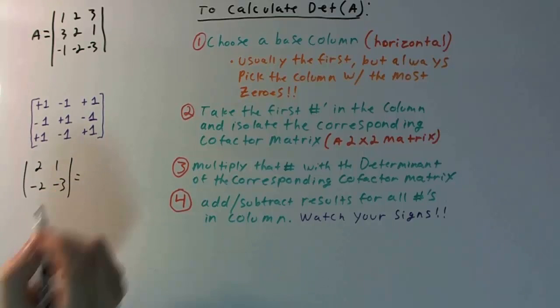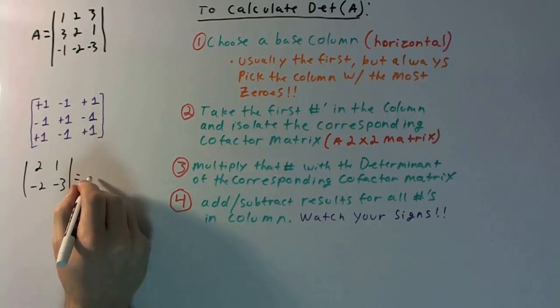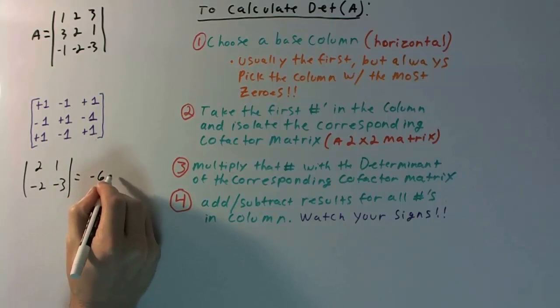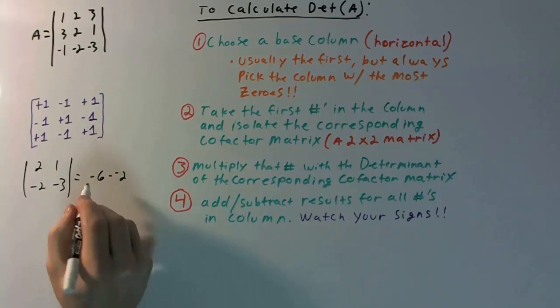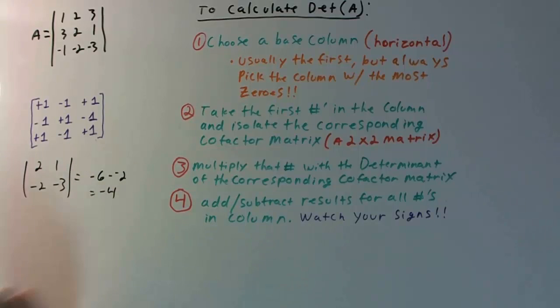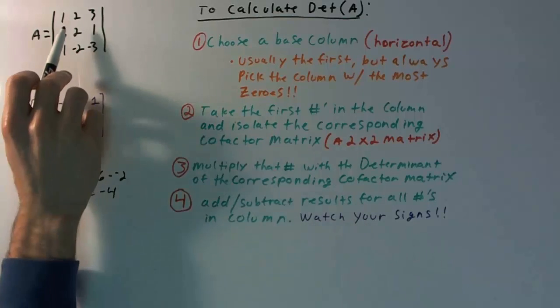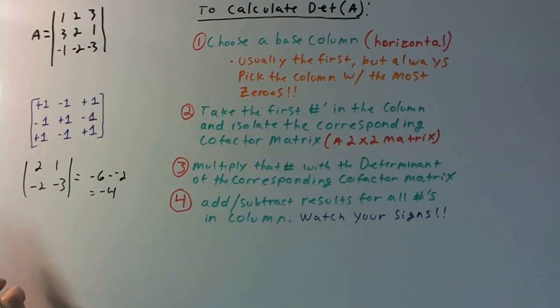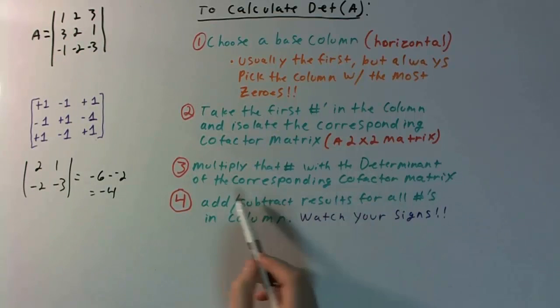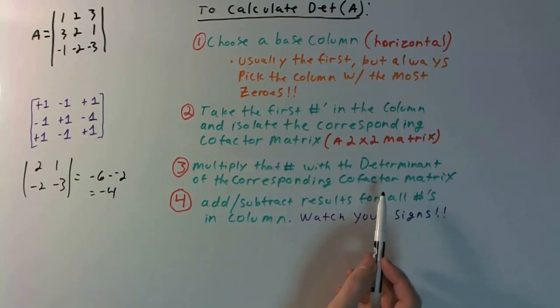So this determinant would ultimately be 2 times -3, which is -6, minus a -2, so this would be -4. That's the determinant of the cofactor matrix. Then we multiply the number in the first column by the determinant of the corresponding cofactor matrix, which we just calculated, -4.